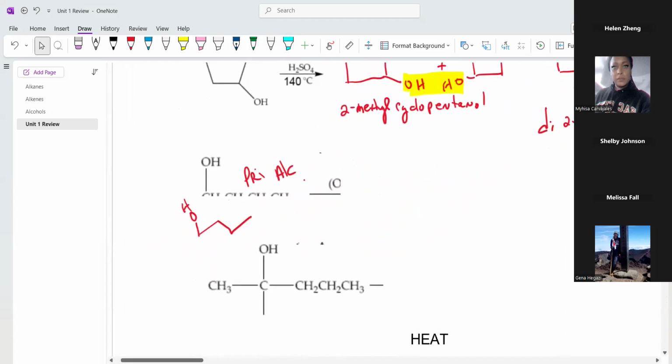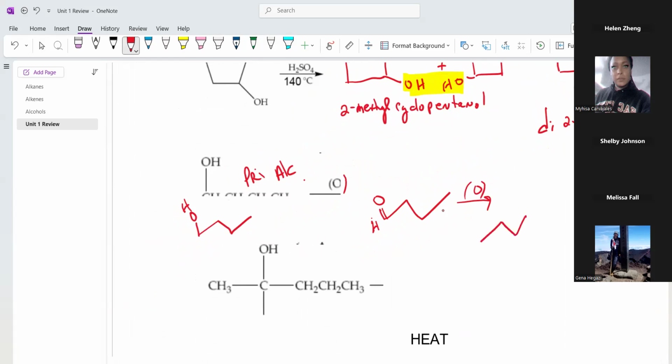So the OH group is turned into an aldehyde. And then it continues to be oxidized to the acid. All you need to say here is aldehyde, acid. And this would be on butanol.